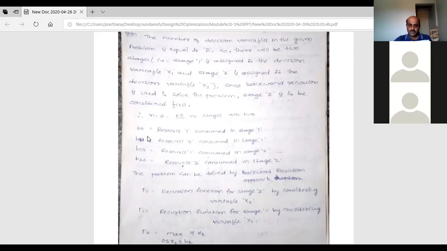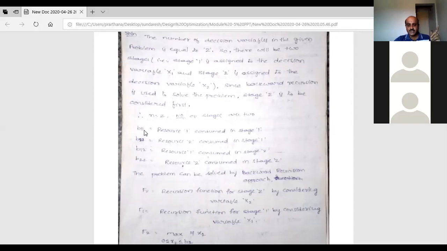When you are writing these values of B, the first suffix represents the resource number, and the second suffix represents the stage number. Please remember this.